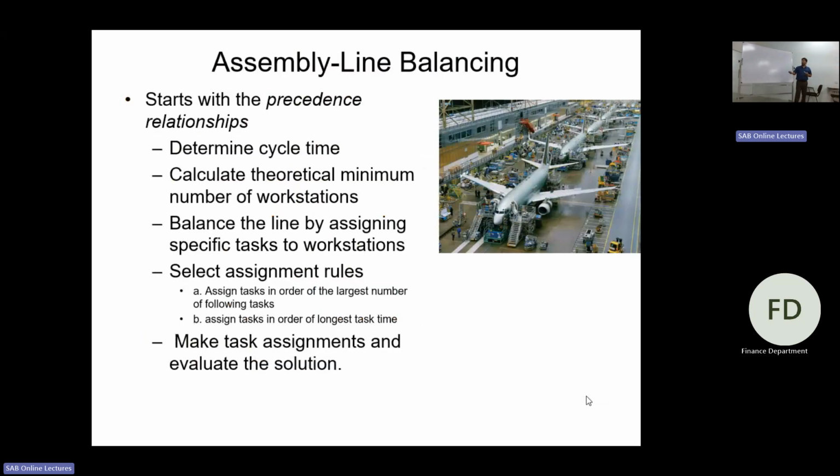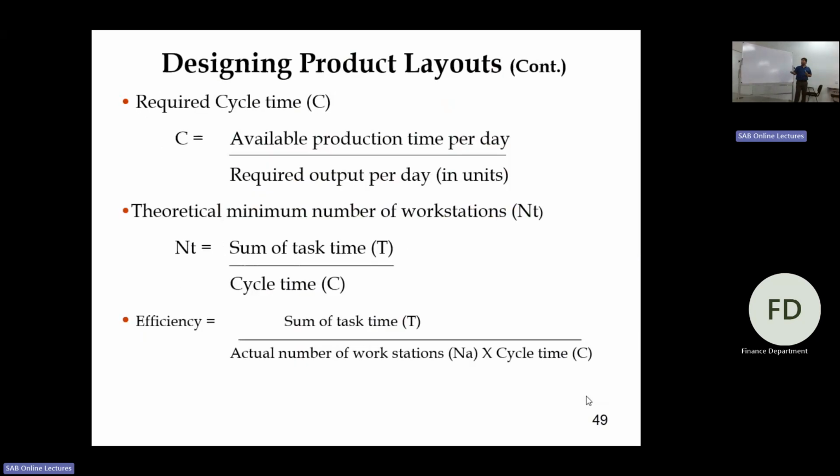Then we have to calculate something called theoretical minimum number of workstations, and for that we use the second equation here. T, theoretical number of workstations, minimum number of workstations.